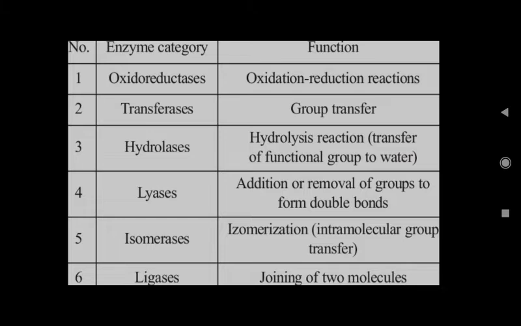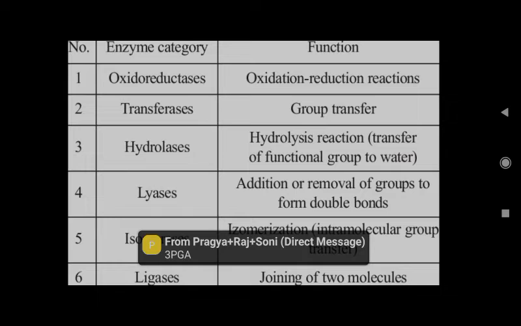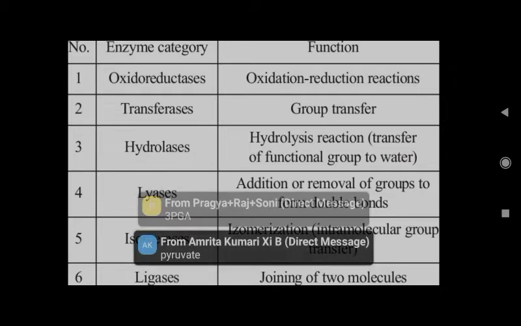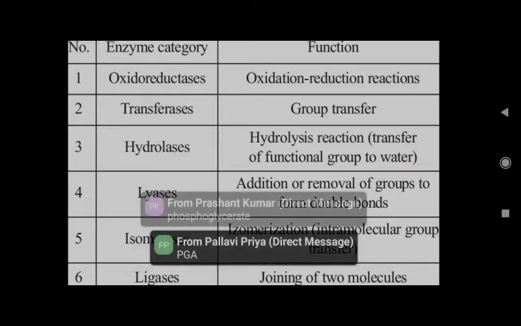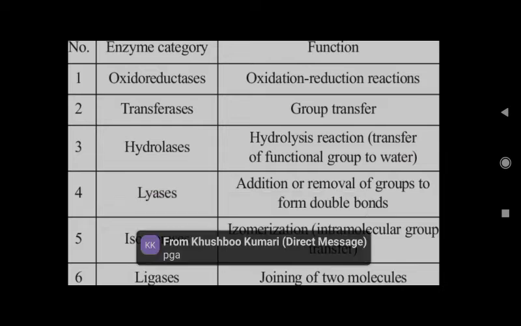What is the name of the first product which is a 3-carbon compound in the Calvin cycle, for which the name C3 is given to it? Very good, PGA, phosphoglyceric acid. 3-PGA, phosphoglycerate, correct, very good. Correct, all the students except Amrita. Amrita, I think you got confused.